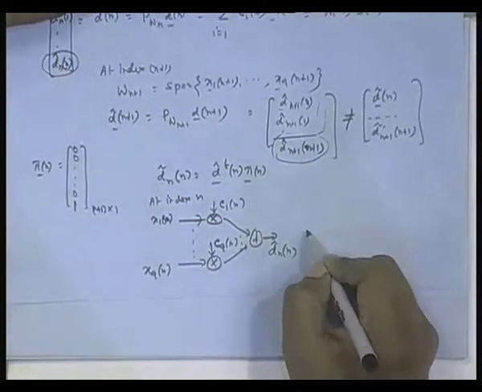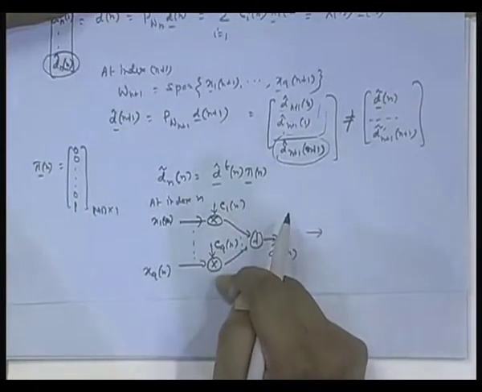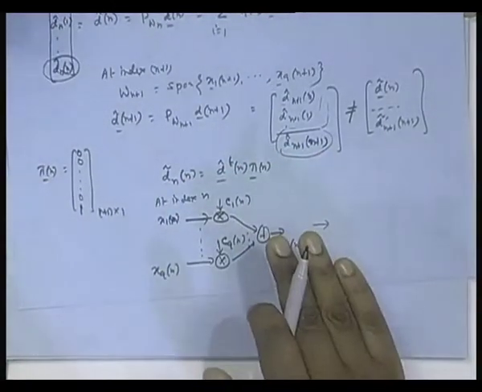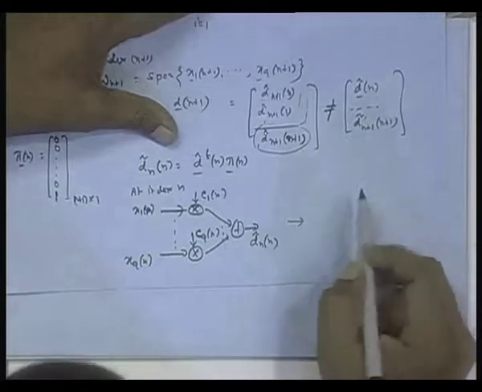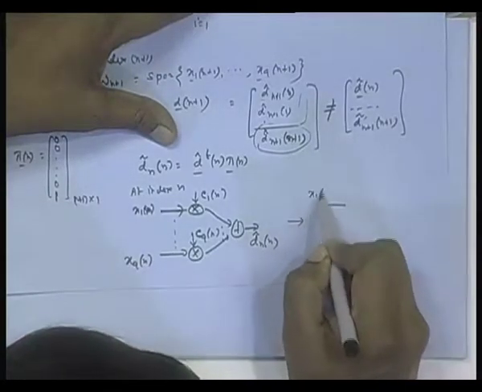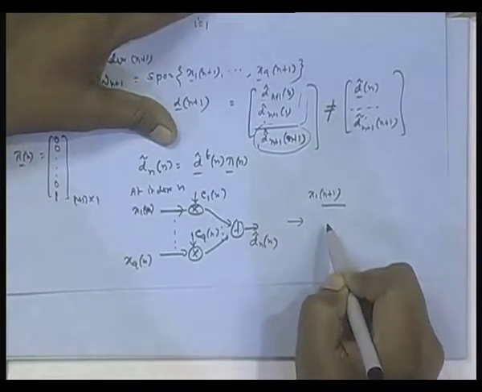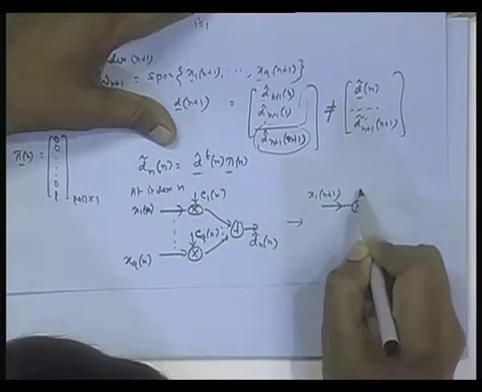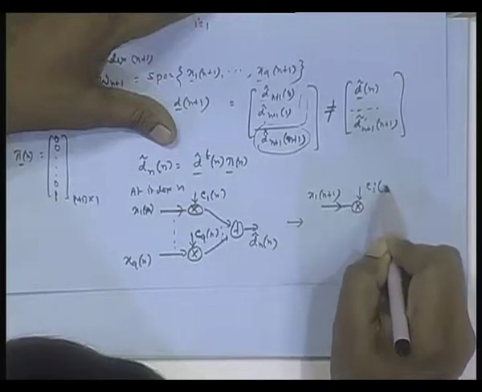Then at n plus 1th index, these values change into a better estimate. That is the changing mechanism, the recursive least square algorithm we will be deriving. But what will it be doing then again? That time the new data will be x1 n plus 1. I am doing all this elaborately so that there is no confusion prevailing.